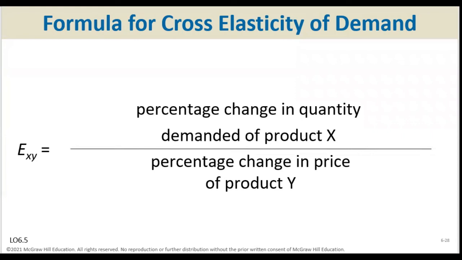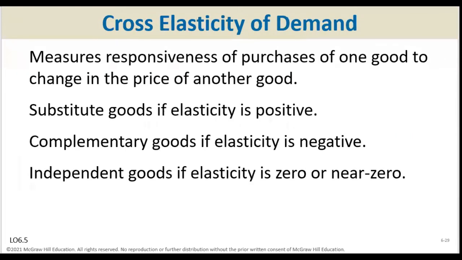So cross elasticity of demand helps us to assess or to quantify the degree of change in the consumption. Cross elasticity of demand refers to the effect that a change in a product's price has, right? The impact of the change in a product's price on the quantity demanded of the other product.